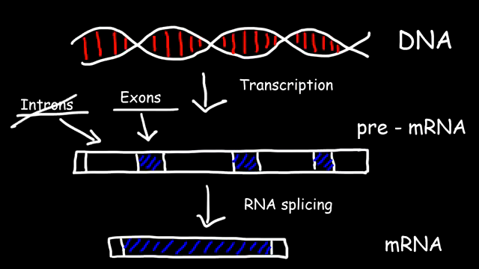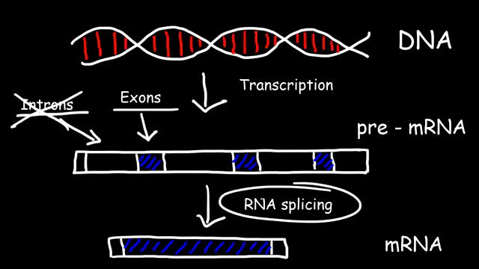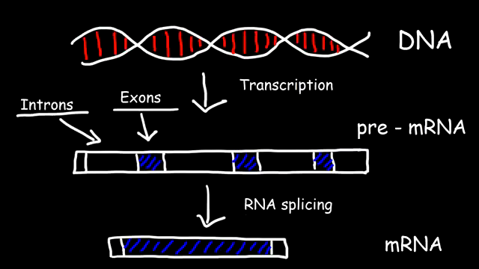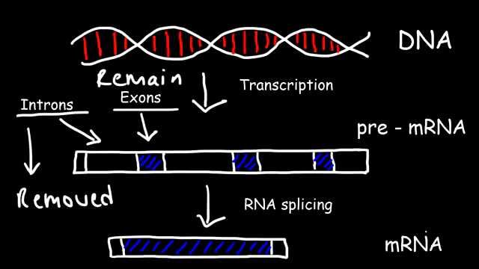So they must be removed in a process known as RNA splicing. Now the exons, those are shorter sequences of nucleotides, and they're going to be used to synthesize proteins. And so the exons remain, but the introns must be removed. And so now we have a completed messenger RNA strand.